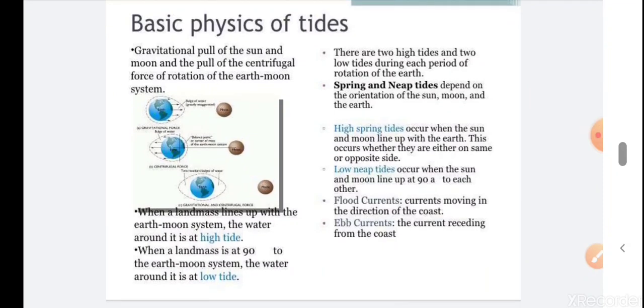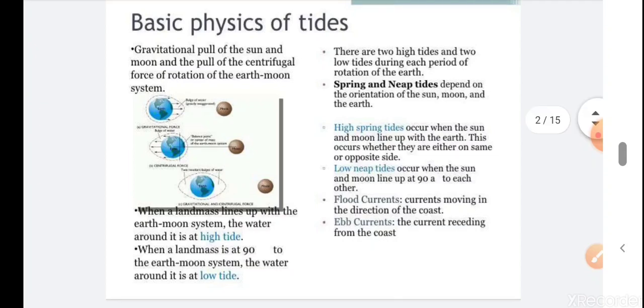We know that if two very heavy bodies are separated by a distance, then a gravitational pull will always be there, and that is proportional to their mass and inversely proportional to the square of the distance between them. We all know this physics. Tides are based on this force.